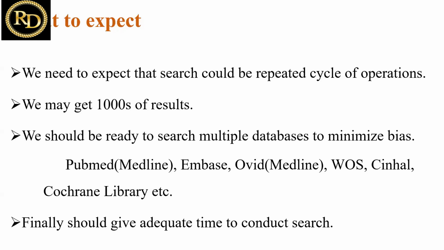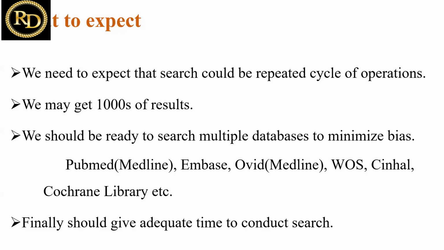We should be ready to search multiple databases to minimize bias. For advanced searching, you can't depend on one database or one search engine like PubMed or Google Scholar. If you want to do an advanced search, you must go for a number of databases.